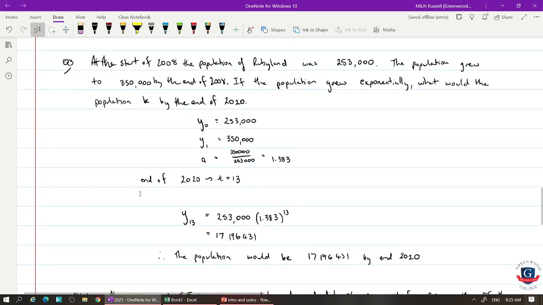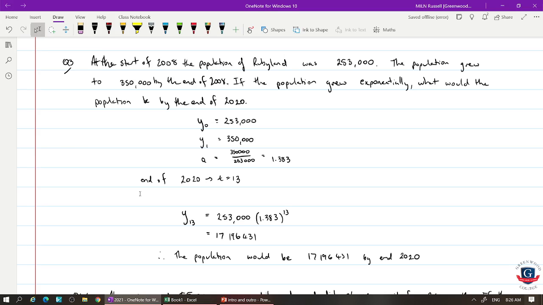Question 3. At the start of 2008, the population of Rubyland was 253,000. The population grew to 350,000 by the end of 2008. Very popular land, this Rubyland. If the population grew exponentially, what would the population be by the end of 2020?